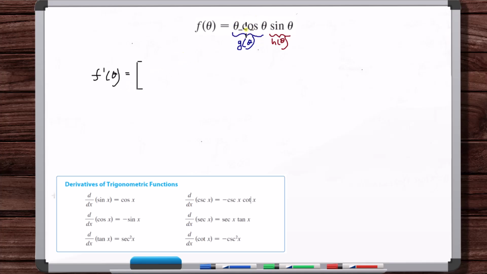So as far as just this, the derivative of the first is 1 times the second is cosine theta, plus derivative of the second, so minus sine theta, times the first, so this is going to be minus theta sine theta. Okay? So that's the derivative of g theta. So now we're doing two product rules at once here, so it's kind of confusing. So the derivative of g theta times h theta plus the derivative of h theta times g theta.